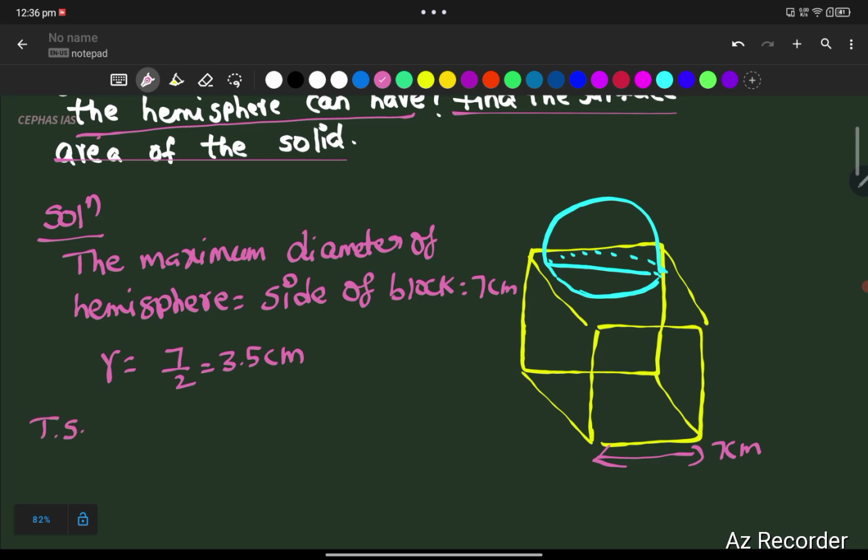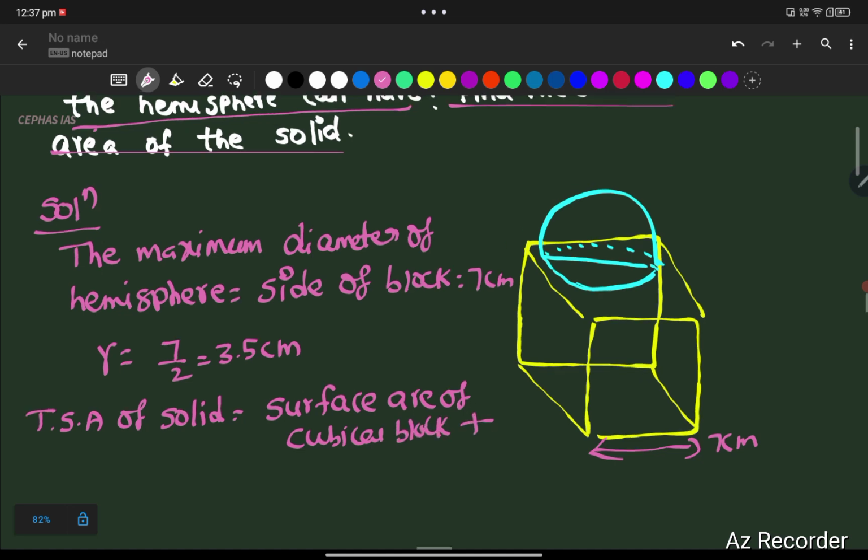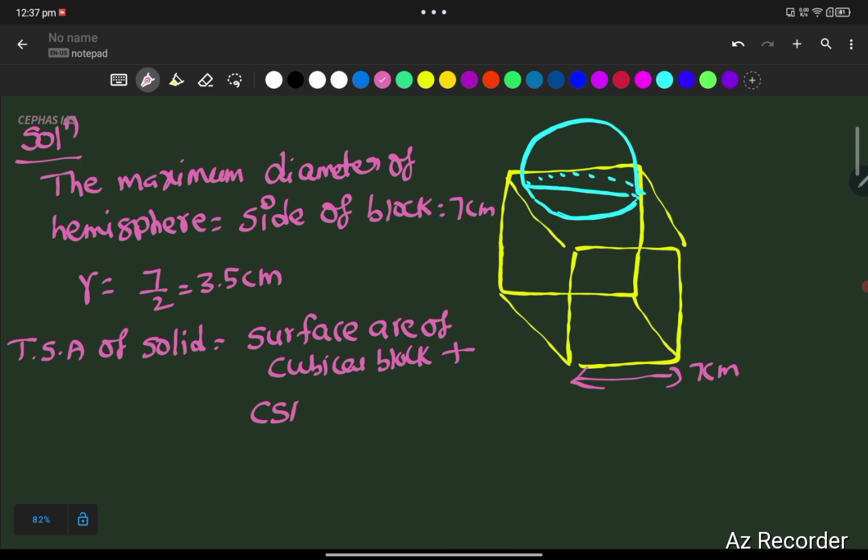Total surface area of the resulting solid will be equal to surface area of the cubical block, remember, plus CSA of hemisphere minus area of base of hemisphere.